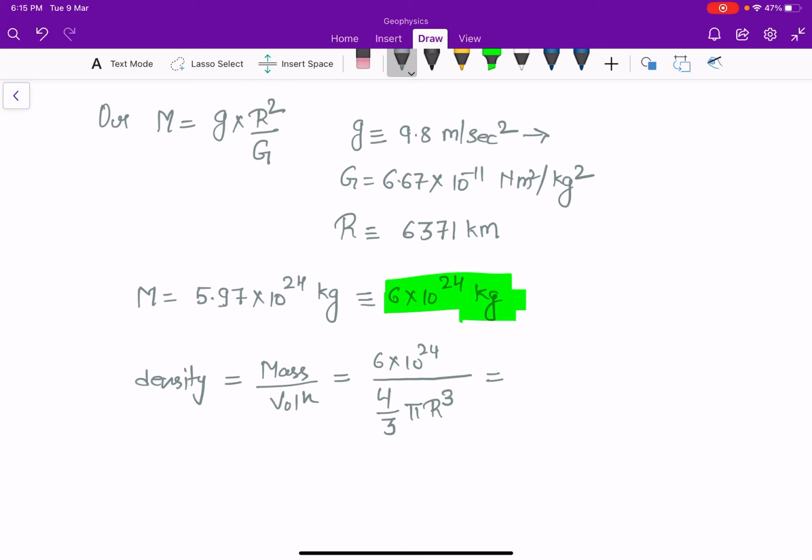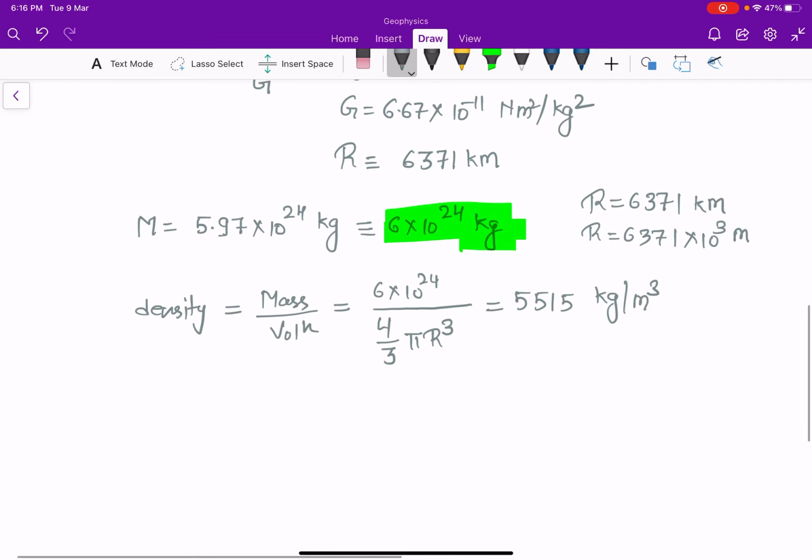Density will be, by putting r equal to 6371 kilometer, that is 6371 into 10 to the power 3 meter, and by putting this, we will get 5515 kilogram per meter cube.